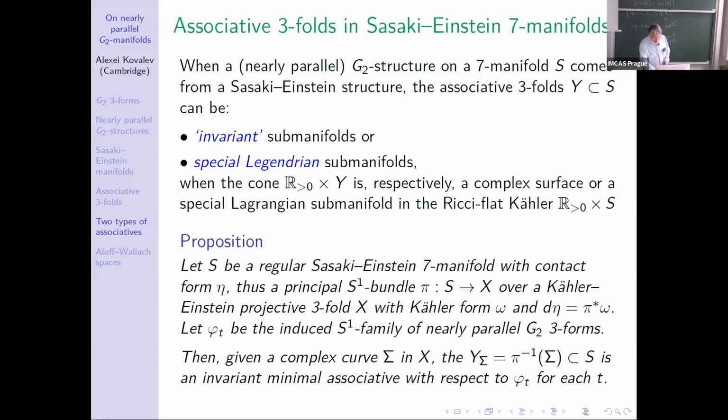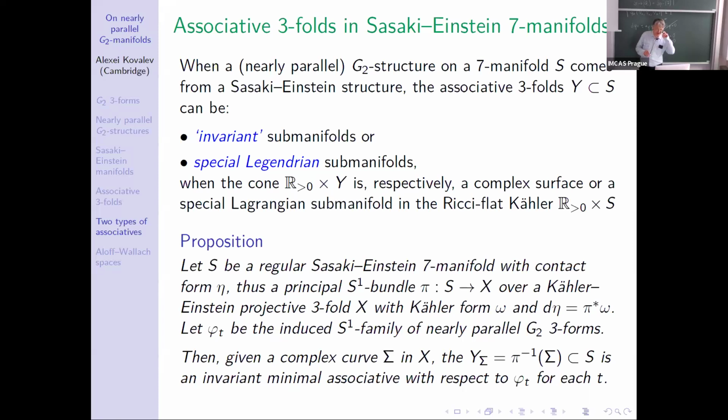So here is the first result. We assume that S is a regular Sasaki-Einstein 7-manifold. So in particular, it has a free circle action, which makes it an S1 bundle over a Kähler-Einstein projective threefold with a Kähler form denoted by omega. And it satisfies the relation that eta, the contact form, is a pullback of omega.